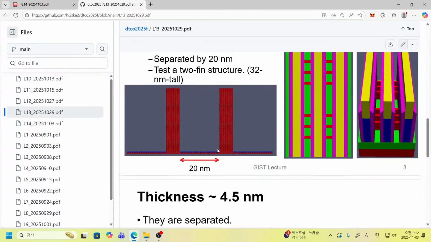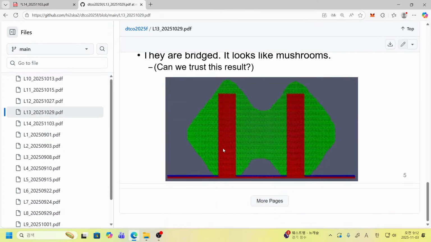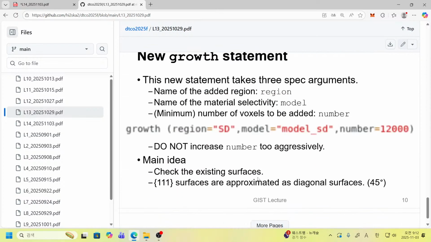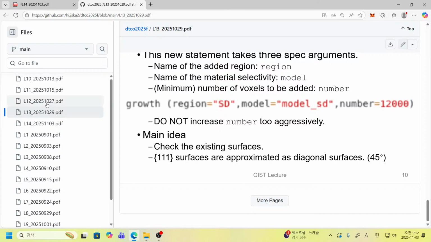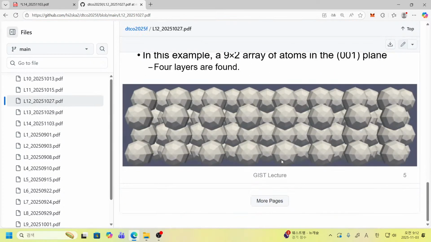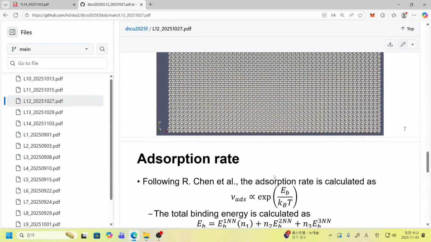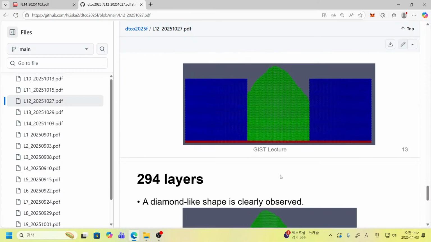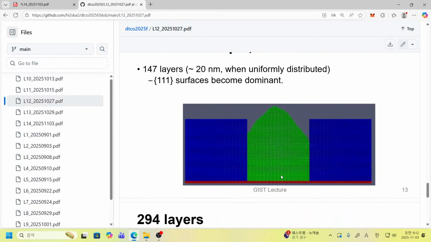If we go to the lecture 13 case, then, okay, let's go to lecture 12. Okay, so now you can see something.